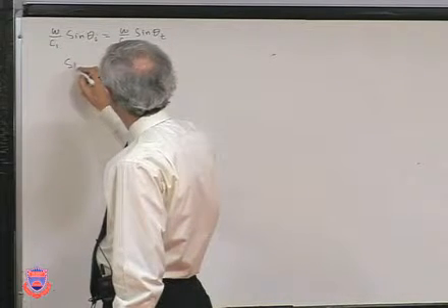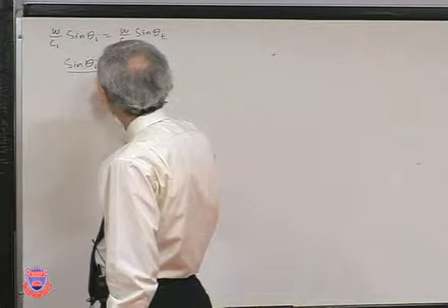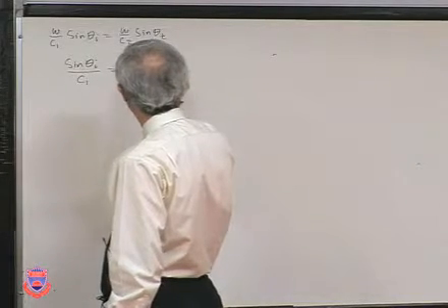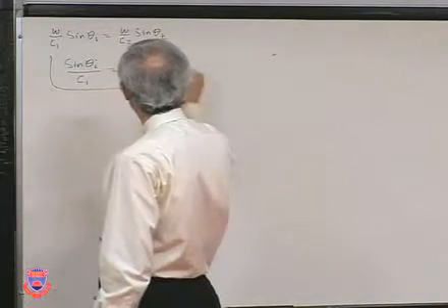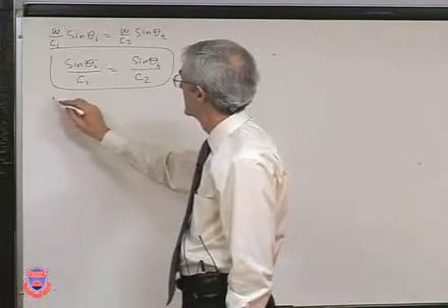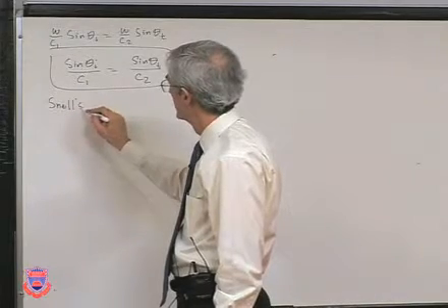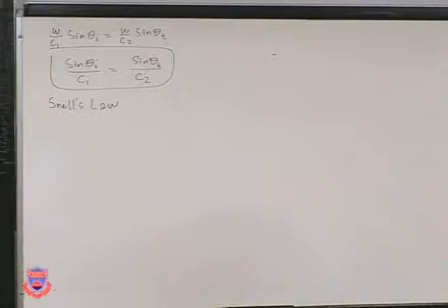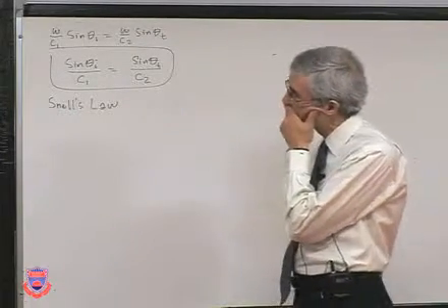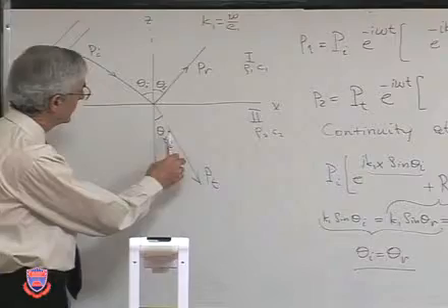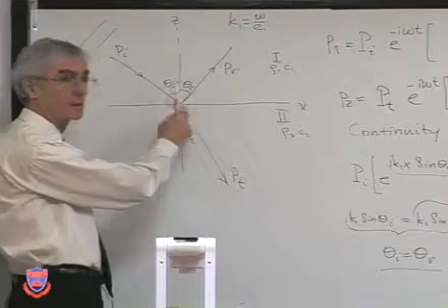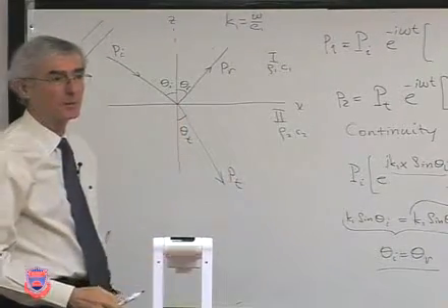So that gives us what's commonly known as Snell's law. That is, the ratio of the sine of the angle to the speed of sound in one medium is equal to the same ratio in the other medium. That's all it says.